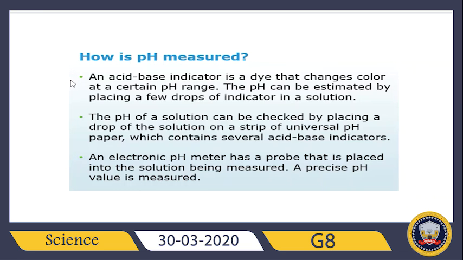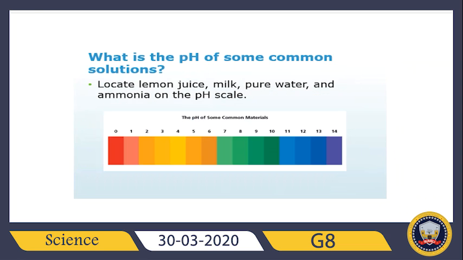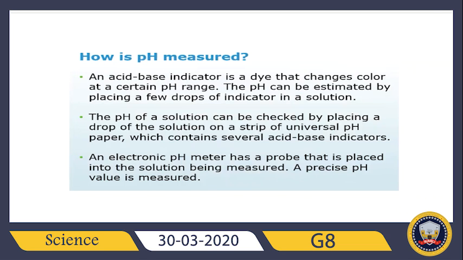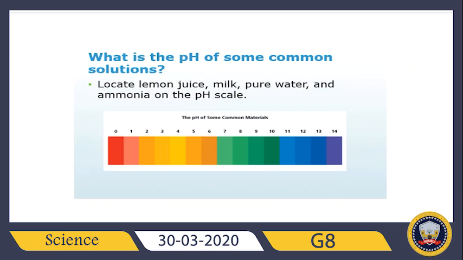One of them is the universal pH paper, which looks exactly like the one here. So guys, the pH of a solution can be checked by placing a drop of the solution on a strip of universal pH paper, which contains several acid-base indicators, exactly like the one you see here.